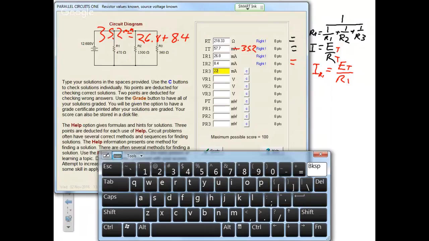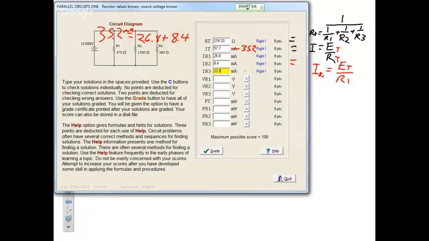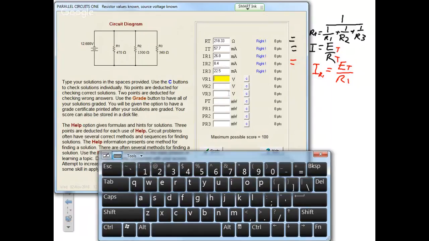Let's check our answer. We are correct. So here we've calculated the last one by simply adding up IR1 and IR2 and subtracting it from IT. What's VR1? 12.6. And the same for the rest.